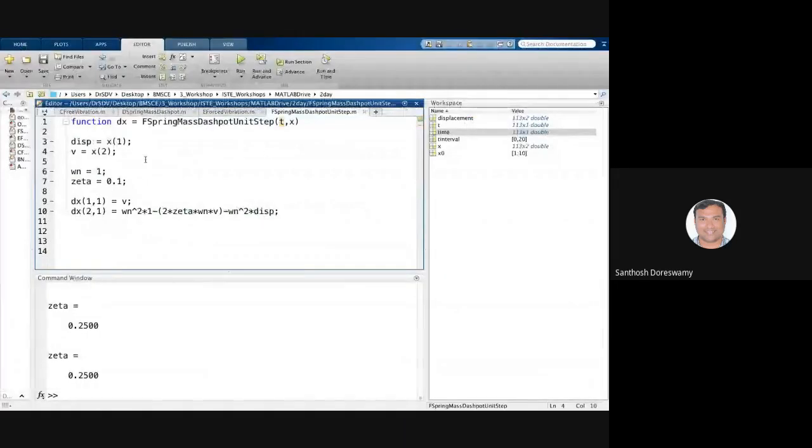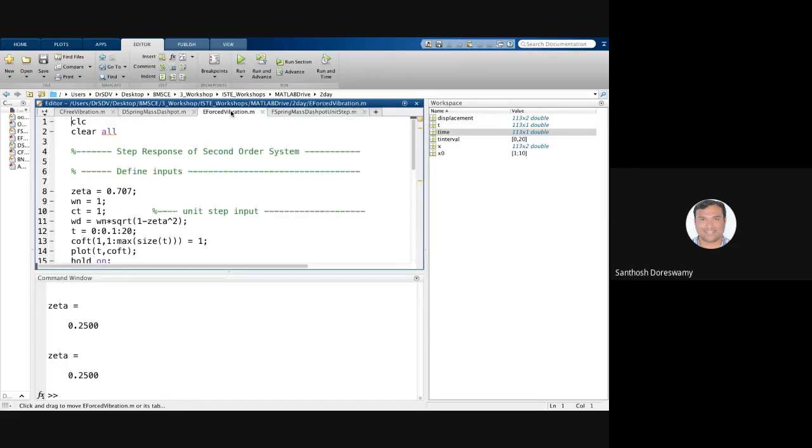Here it is. What I've done again is write two differential equations from that second order differential equation. These are the two differential equations, and unity stands for c of t equals 1, which is the unit step displacement. I will take a certain value of the damping ratio, and define the natural frequency, which is 1 for this system.